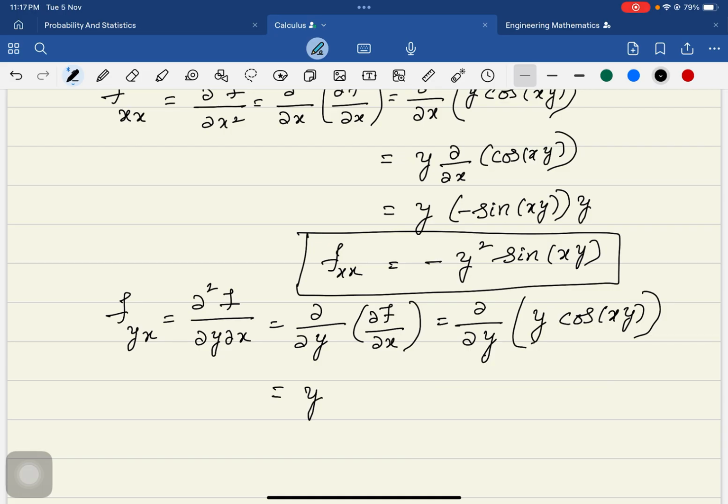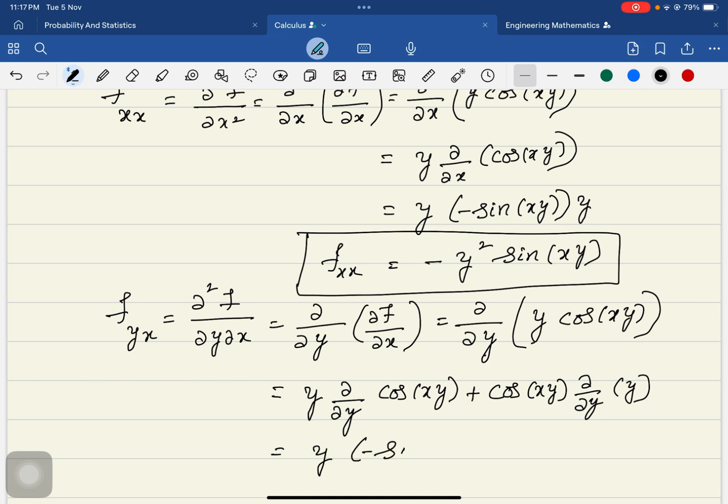So the product rule says y times ∂/∂y of cosine of xy plus cosine of xy times ∂/∂y of y. So that is y times the derivative of cosine, which is minus sine of xy. Again chain rule: the xy derivative becomes x.